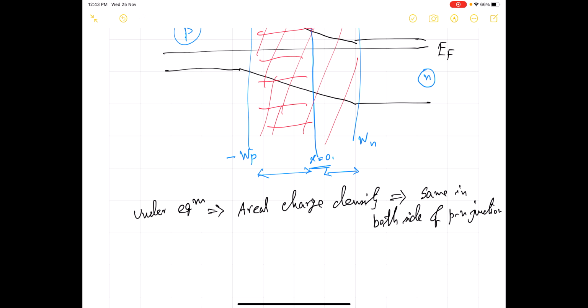Basically, the areal charge density in this region has to be the same as in this region.